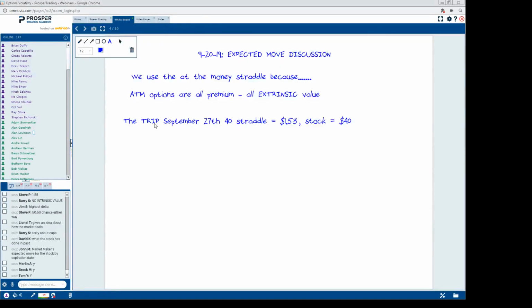So the expected move going out to September 27th is $1.53, which means the expected range to September 27th would be the current stock price of 40, where it is right now, plus or minus $1.43. So 38.47 up to 41.53.